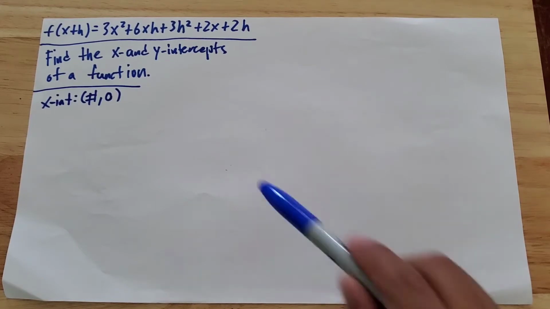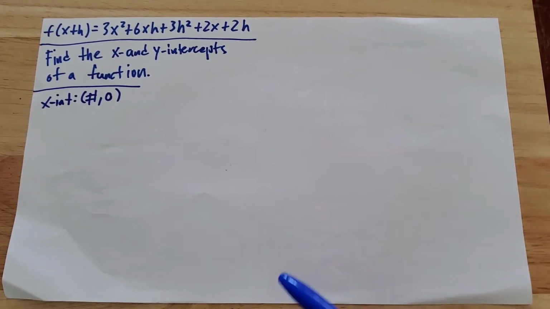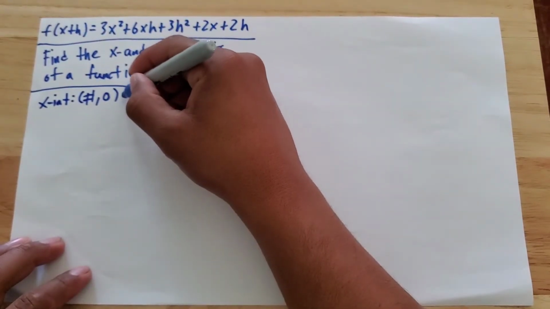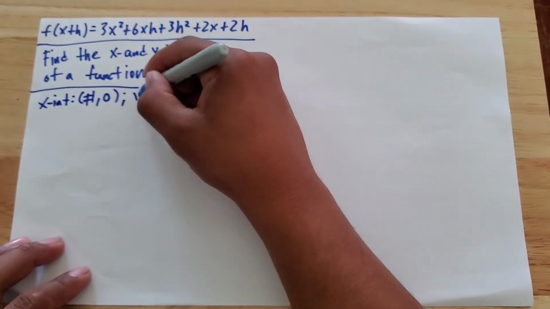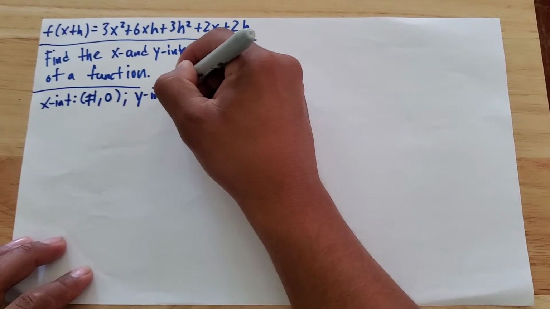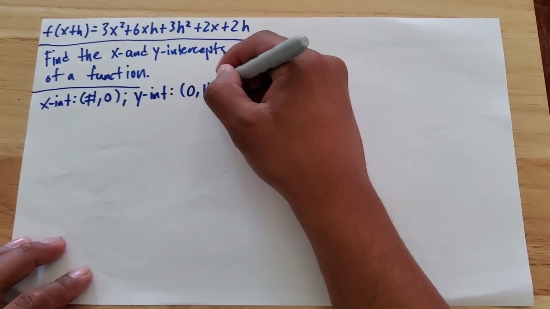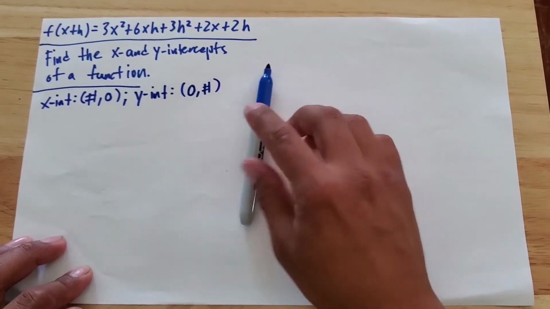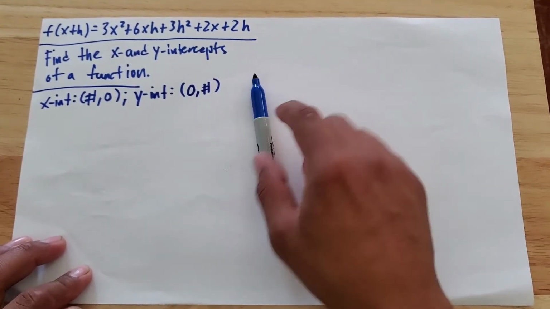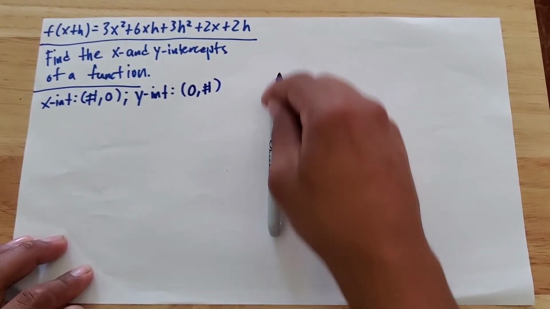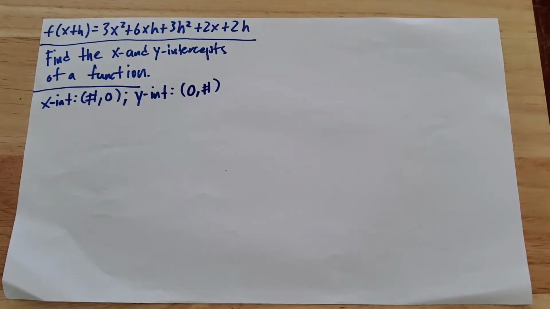You might move left to right on the number line, but you're not going to move up or down at all. Now for the y-intercept, we said that they all had a 0 for the x and some number for the y, because that meant it didn't go left or right at all on the graph. It just went up or down to stay on the y-axis.